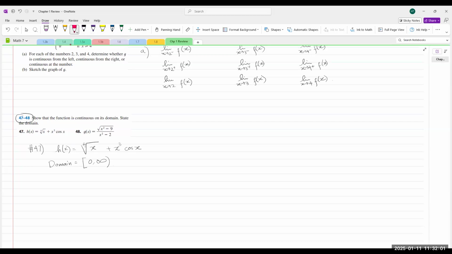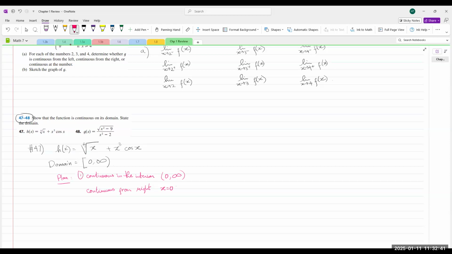Okay, let's write down the plan. We need to show that it is continuous in the interior of that interval from 0 to infinity, and it is continuous from the right at the left endpoint, the lower bound, when x equals 0.